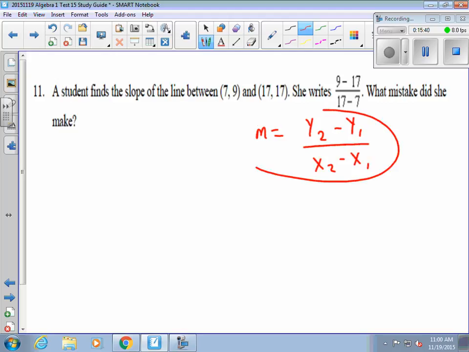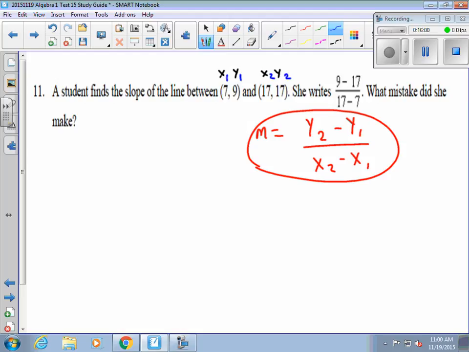So if you just look at this, if we label each of these as x and y, we call this one sub 1 and this one sub 2. The first thing she did wrong was she put y sub 1 first.